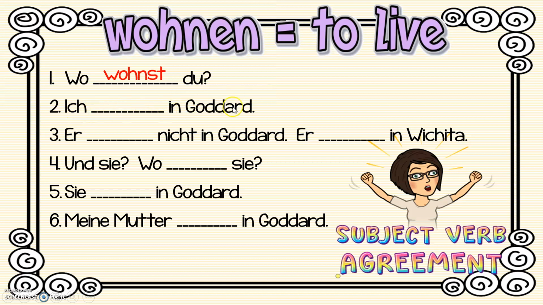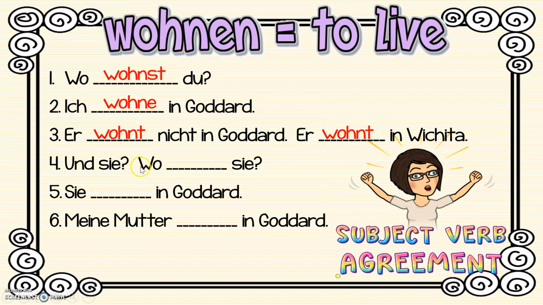I live in Goddard. Take the en off, and the ending for ich is e, so ich wohne. He does not live in Goddard. He lives in Wichita. Take the en off, he, she, it, so that's going to take a t. Er wohnt nicht in Goddard. Er wohnt in Wichita.